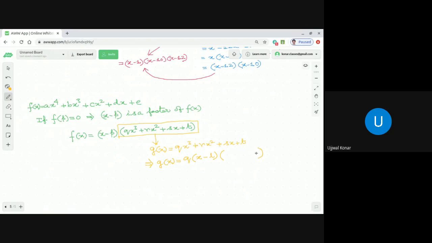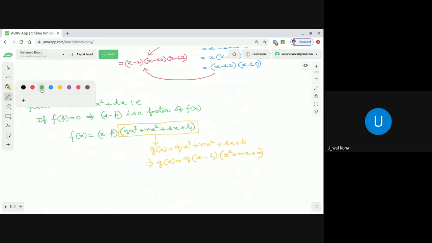Correct or not? And not only that, it has to be a quadratic polynomial with the coefficient of x square equal to 1. So it will be x square plus m x plus n, suppose.